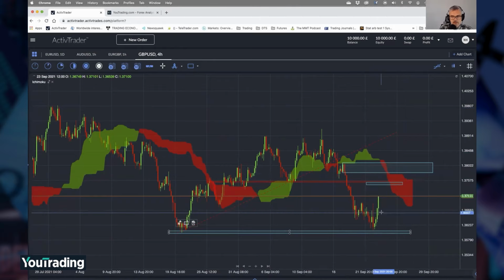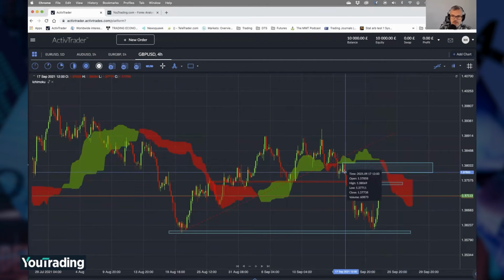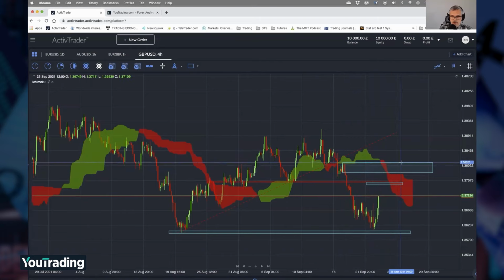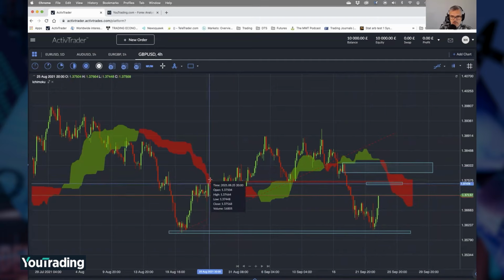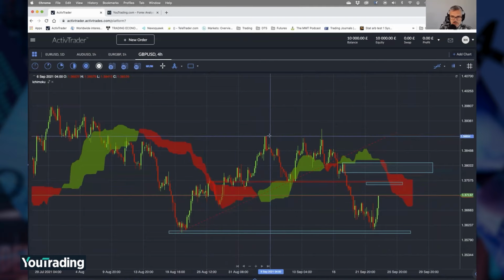Or if the US dollar was to decrease, maybe go back towards $90, that's when we see a break above this red line, get above this swing high, and then we can start trading above what will then become a scenario like here where we're above the cloud, above price action, and then we continue and then form a green cloud.